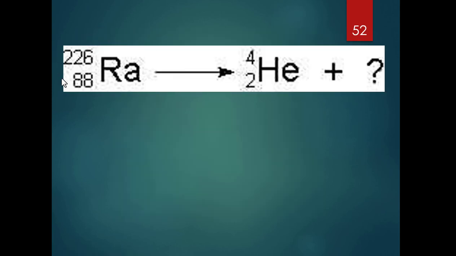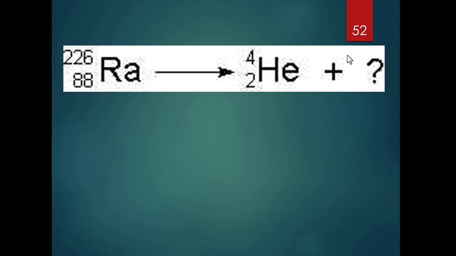Now, I have an equation here that we have to solve. In this equation, we're going to use radium, Ra, which remember Madame Curie discovered. The mass number is 226 and the atomic number is 88. Remember, that is the number of protons. And it is decaying with the alpha decay. Remember, the alpha decay is the helium nucleus, where the mass number is 4 and the number of protons is 2, or the atomic number is 2.